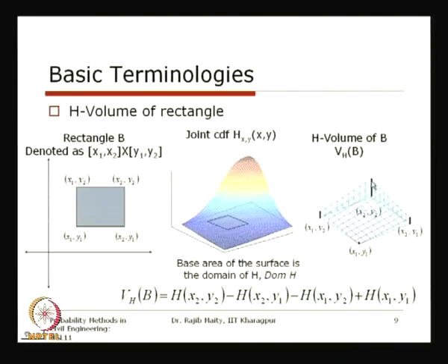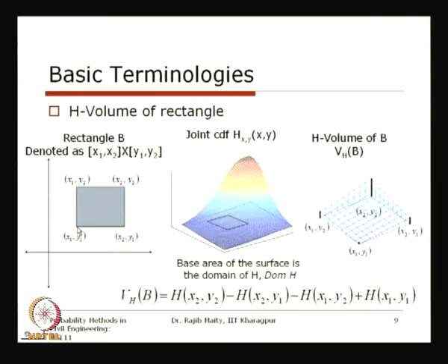So now the H volume of this rectangle is this height minus this height minus this one plus this height at x1, y1. So if we go back to this original rectangle, the value of the function at this point minus the value of the function at this point minus the value of the function at this point plus the value of the function at this point.